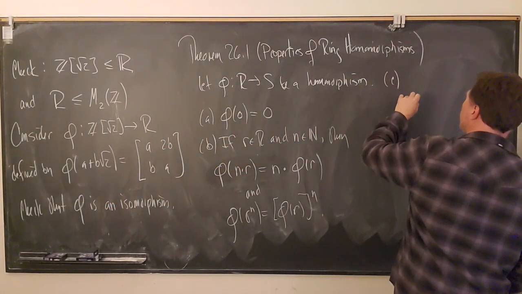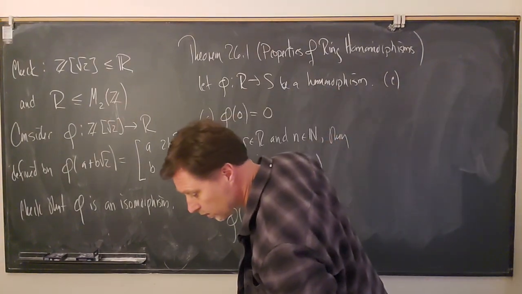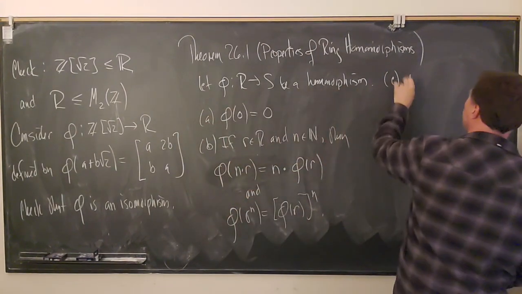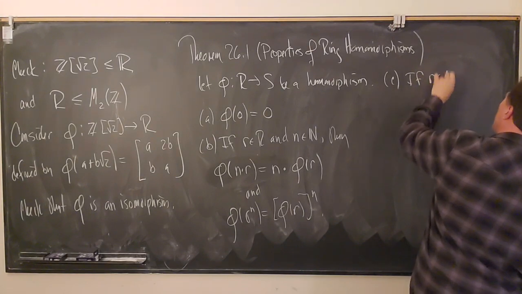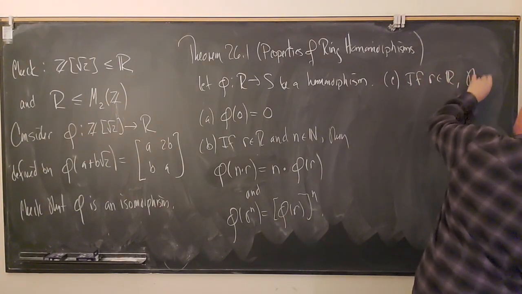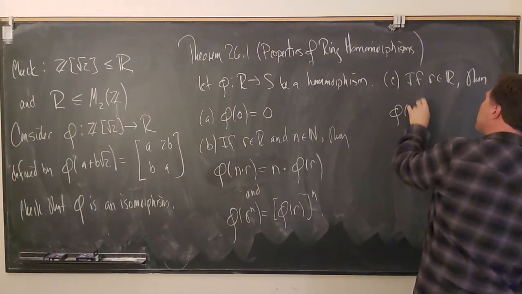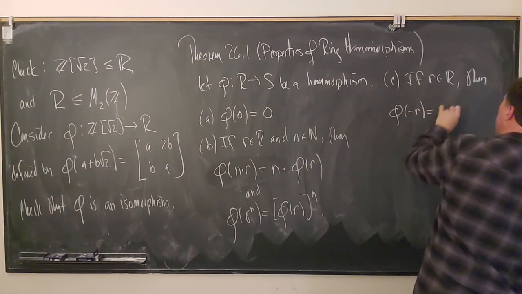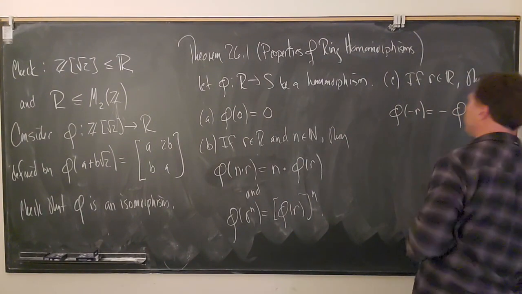Part C is, if r is in R, then phi of minus r is equal to minus phi of r.